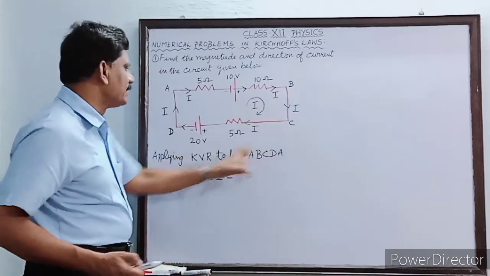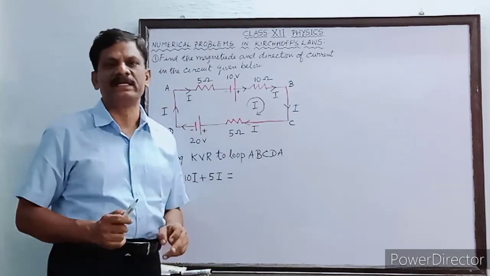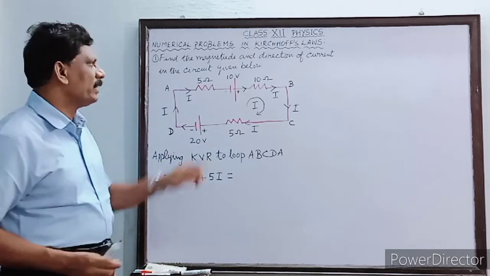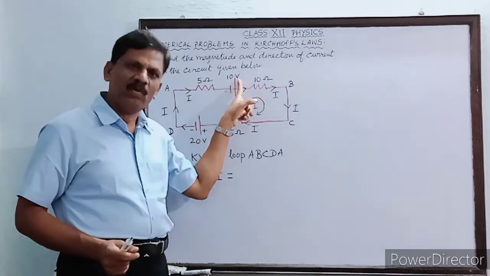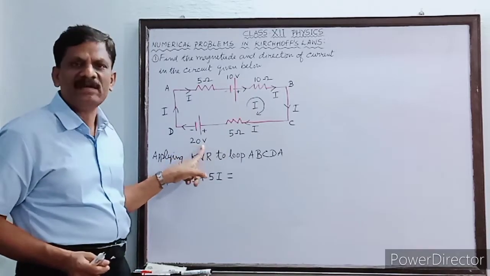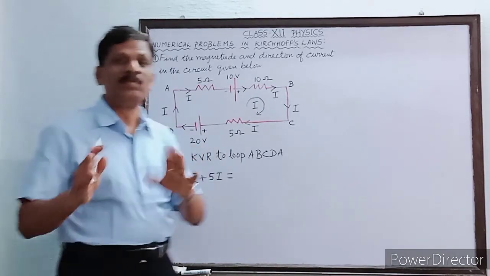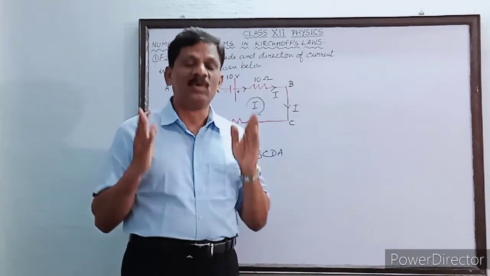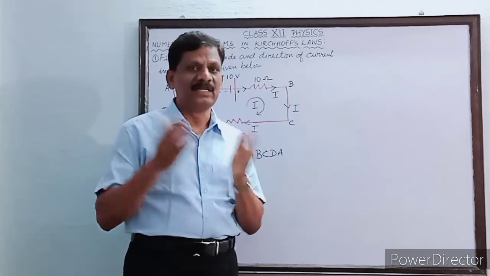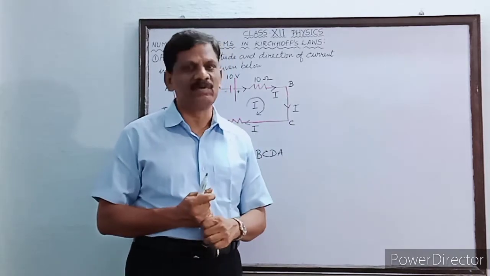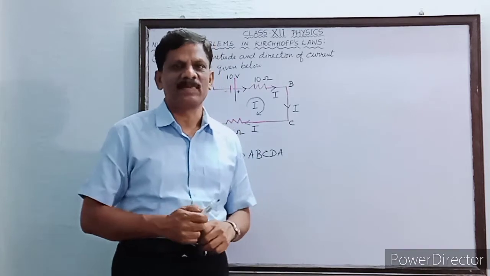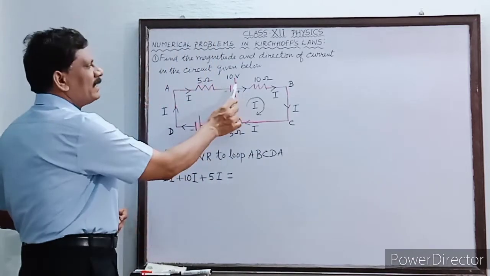But in total, how many cells are included in the circuit? There are 2 cells. One cell of EMF 10 volt and another cell of EMF 20 volt. Whether both are positive, or both negative, or one positive and the other negative, we have to use the sign conventions. Now first look at cell 1.